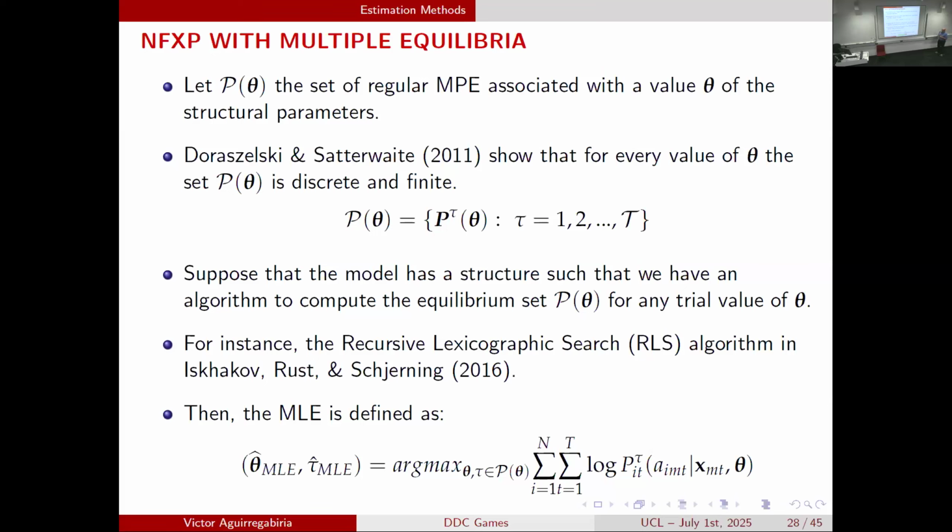Then what does the homotopy method do? The homotopy method is based on the assumption that these different equilibria can be classified in different types. What is a type of equilibrium?